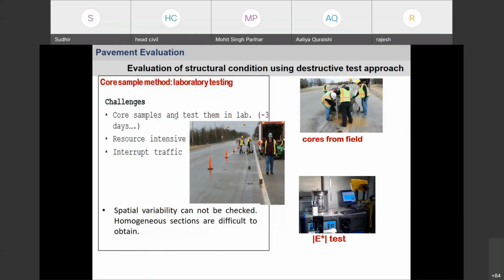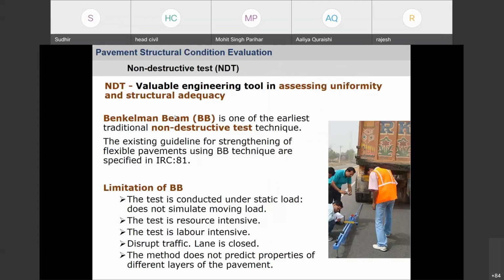So because of all these issues, people prefer conducting non-destructive testing. Non-destructive testing is a valuable tool because through it you can understand the structural adequacy, and also because it is non-destructive, you can have a higher frequency of tests and understand spatial variability, and also understand what are the homogeneous sections available in your project, right?